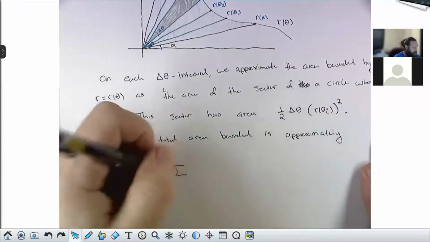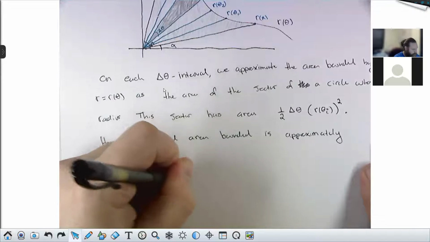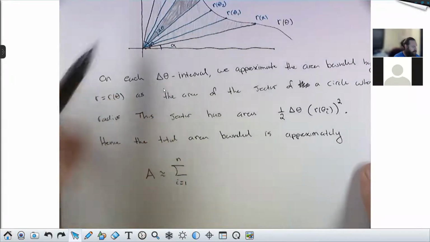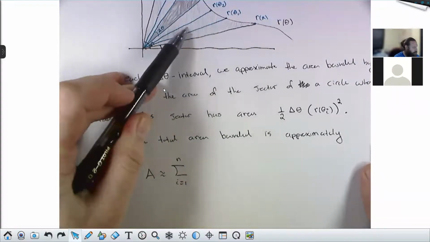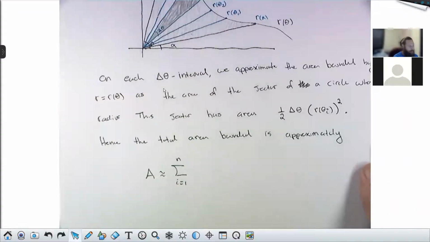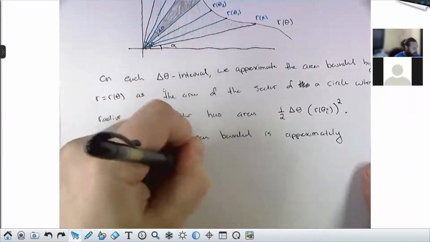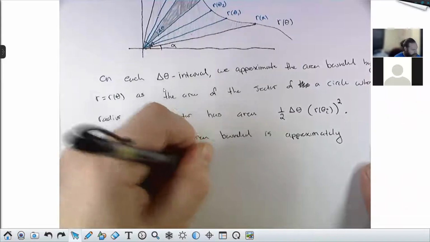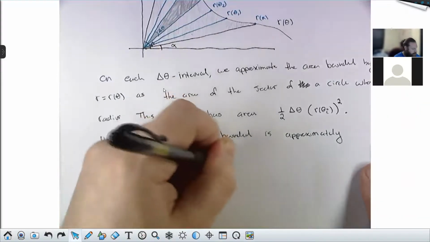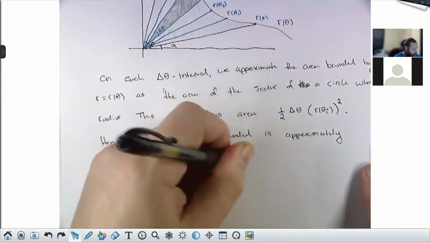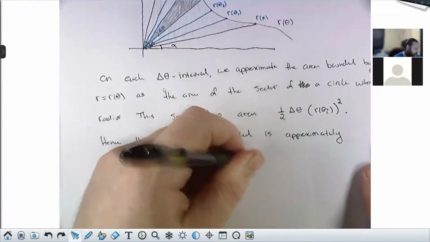So write capital sigma I from 1 to n, where this would be I equals 1, this would be I equals 2, this would be I equals 3, and so on, of the little areas, which is 1/2 delta theta times R of theta I squared.